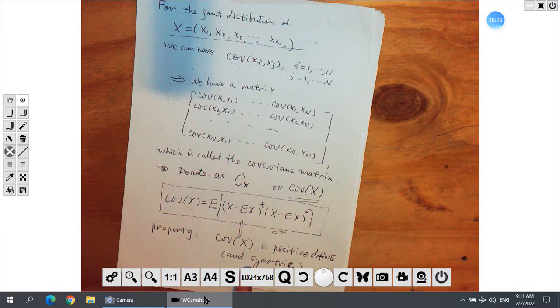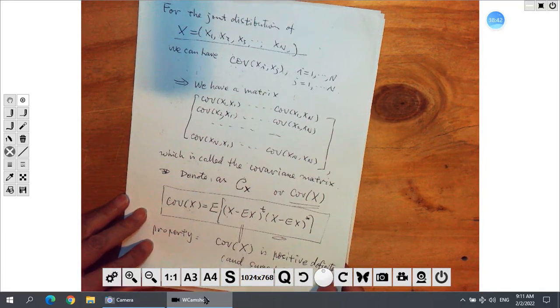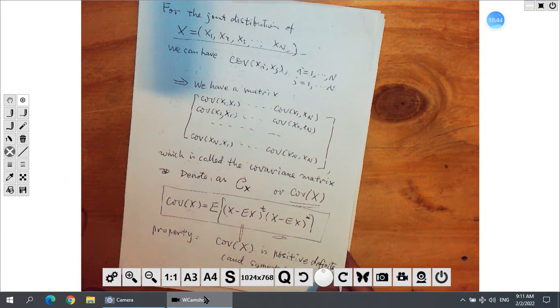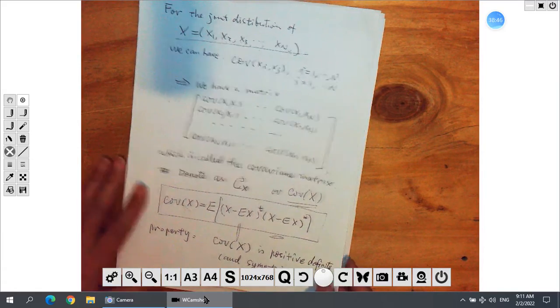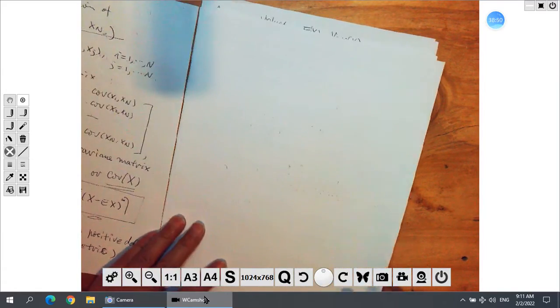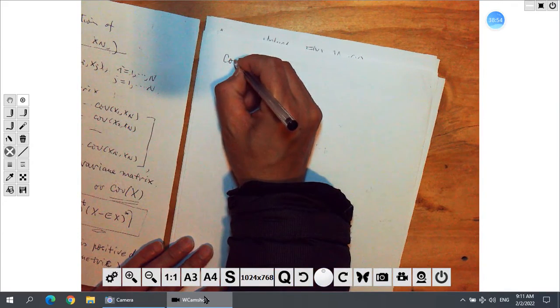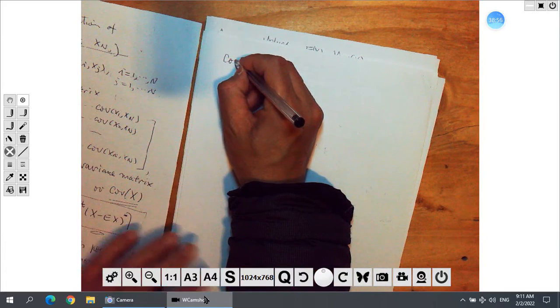We just learned this in the first part. It's always like this. This is in general, and we can also have another matrix. This is the covariance matrix, and another one is the correlation matrix.